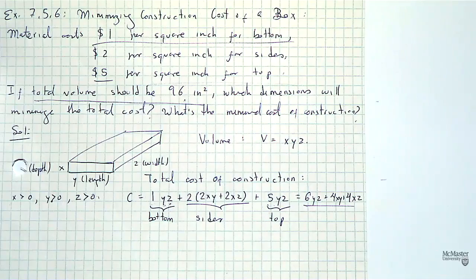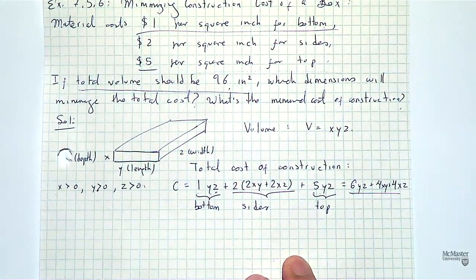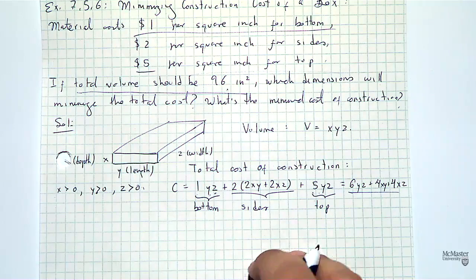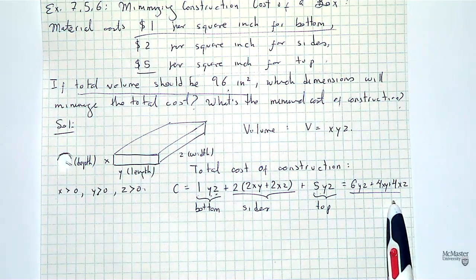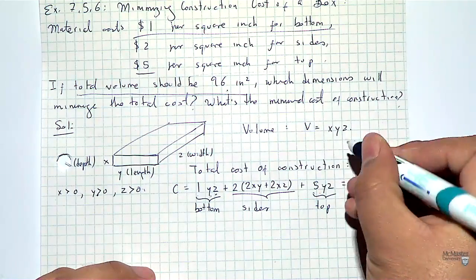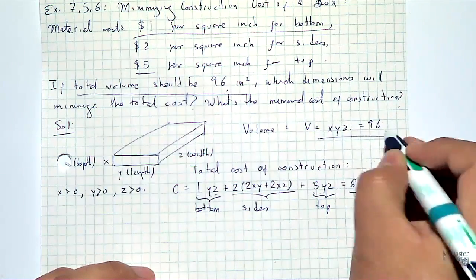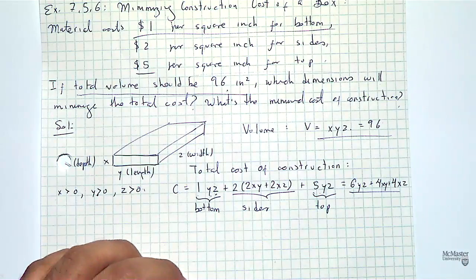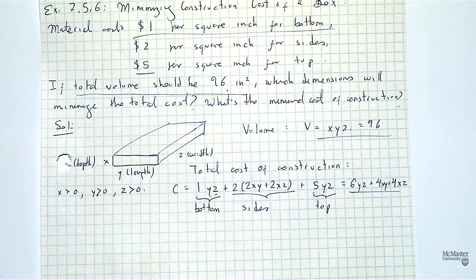So now, in this type of problem, you want to minimize the cost, right? So this is the function c that you want to optimize, and this is the constraint. If I write b equal to 96, this would be the function b of xyz, that is the constraint.